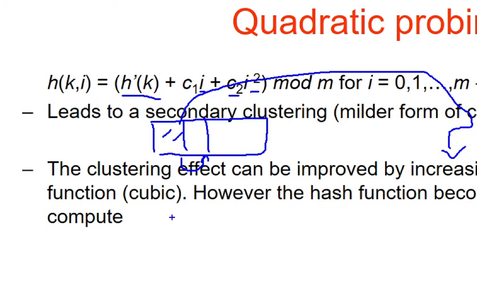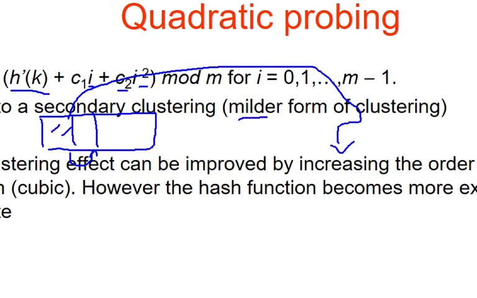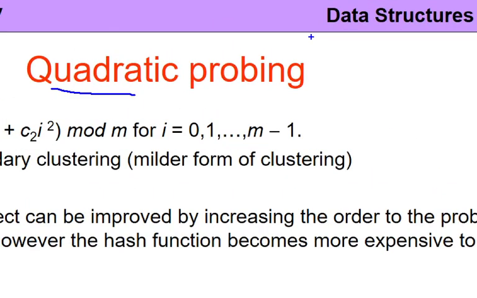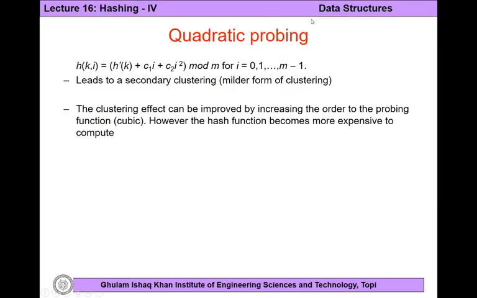This enables a milder form of clustering, right? This is called quadratic probing. The previous one was linear probing, and this one is called quadratic probing, right?